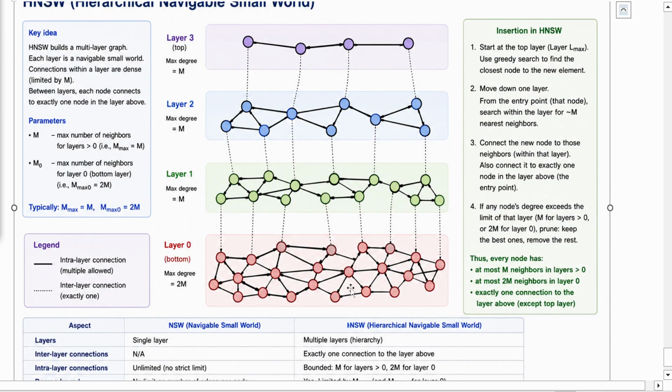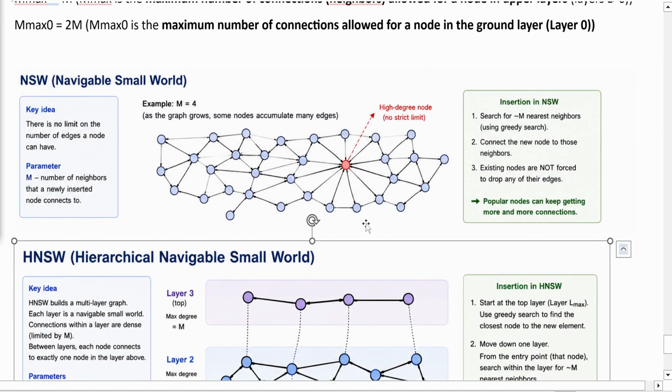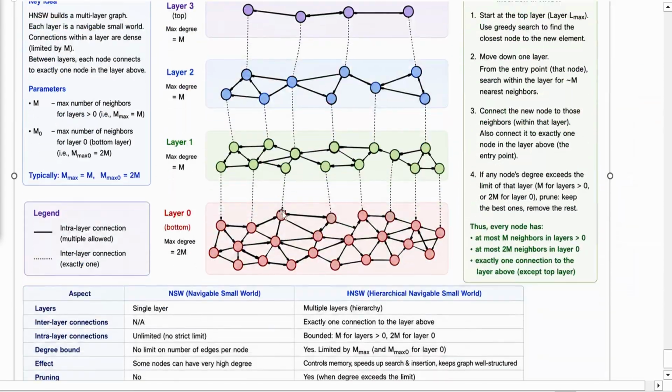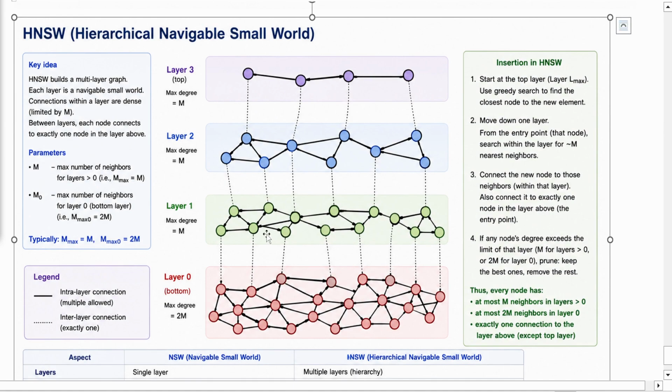So for layer 0 it will allow 2m, but for all the top layers it will restrict to only m. In NSW there is no such restriction. While inserting, if we come across more than m edges or more than 2m edges, it will remove some of the edges which are very far apart.